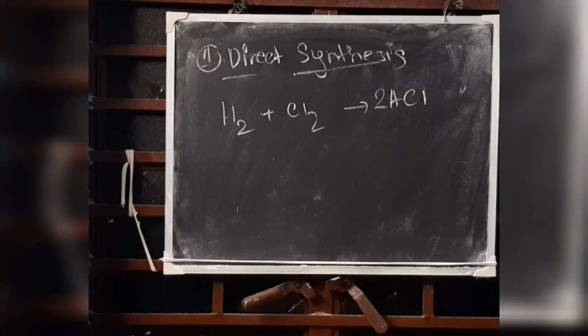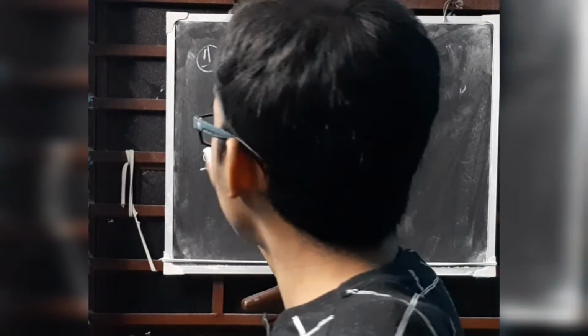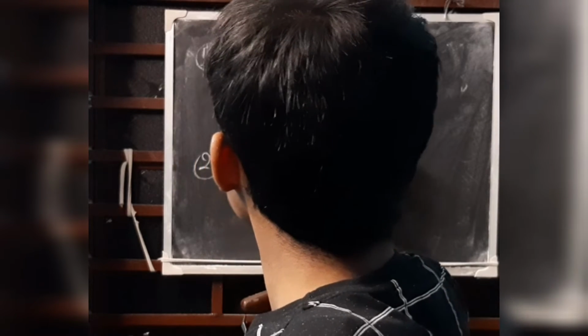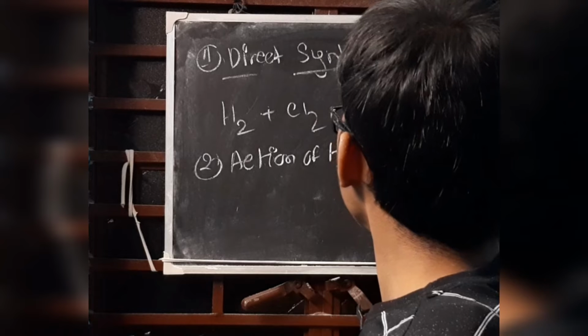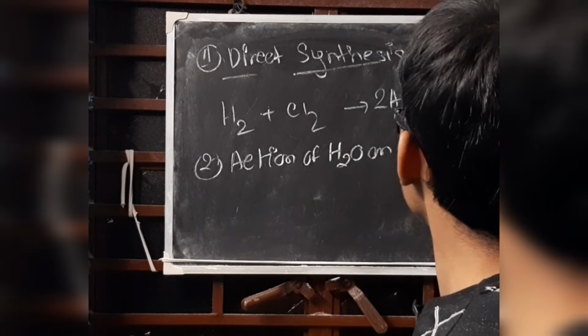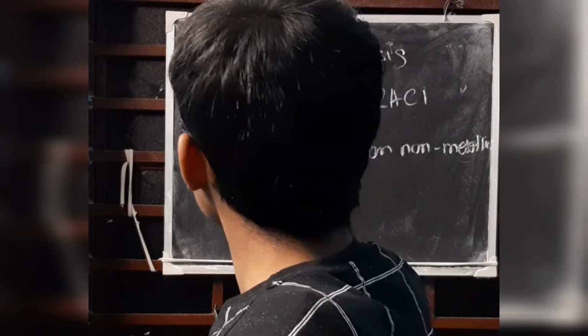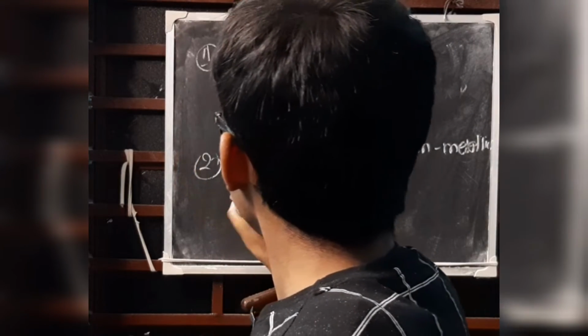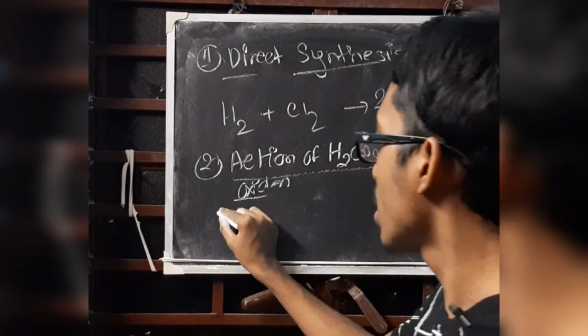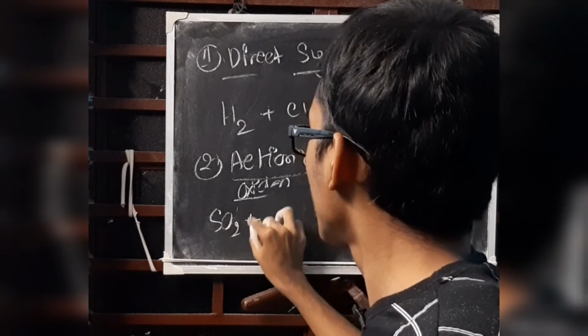Next is the action of water on non-metallic oxides. Very important, mark it as very important. I am writing the reaction so we will understand. Action of H2O on a non-metallic oxide. Suppose I write SO2 and I add water.